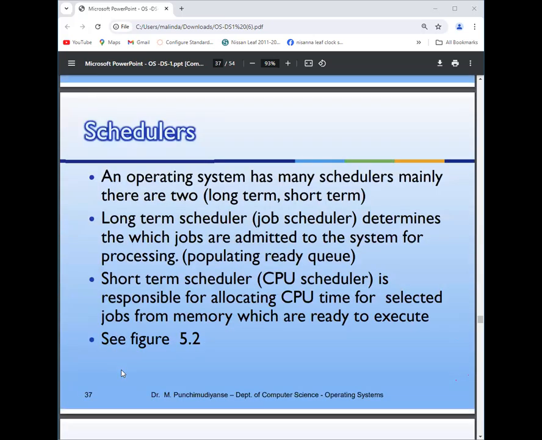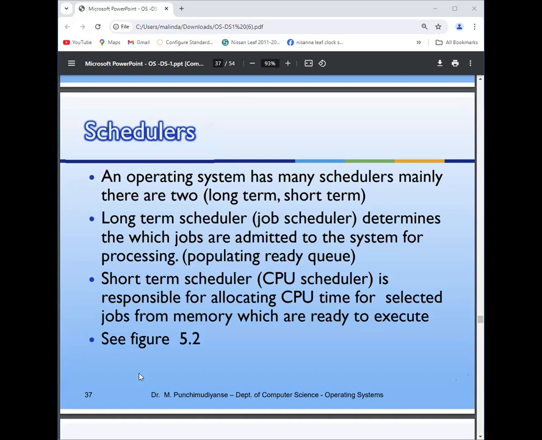Now, scheduling is of two types. One is called the long-term scheduler. The second one is called the short-term scheduler. And sometimes you have a medium-term scheduler also. The long-term scheduler, which we call the job scheduler, determines which jobs are admitted to the system.